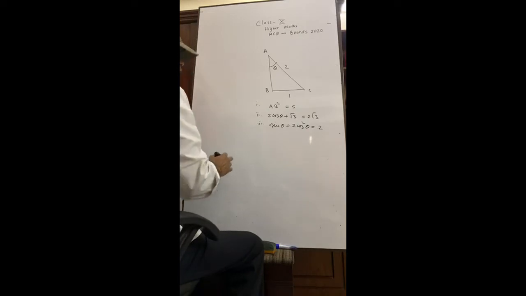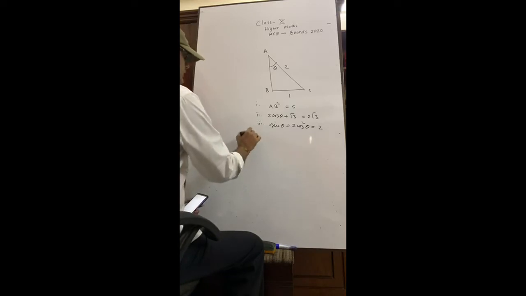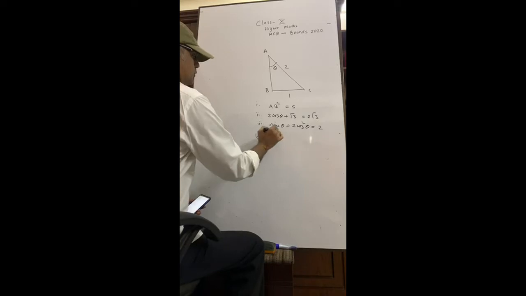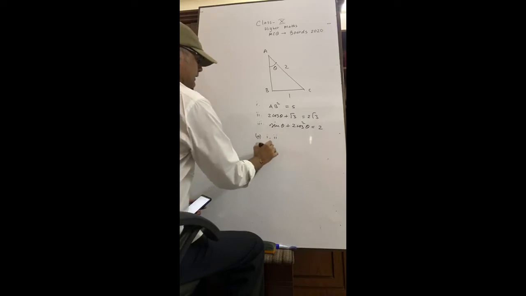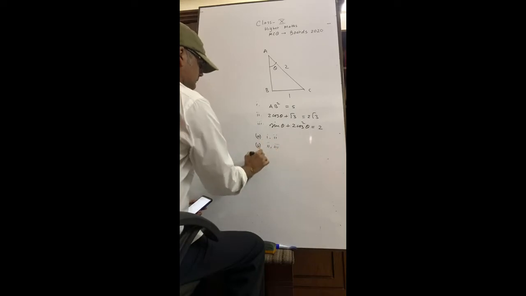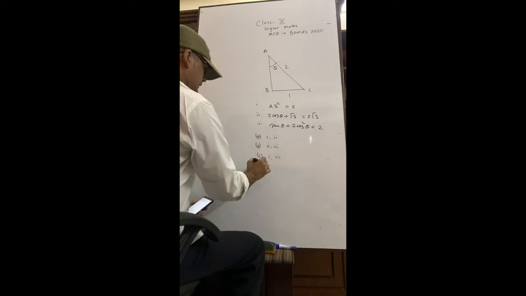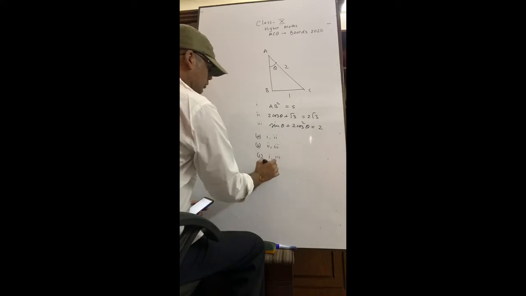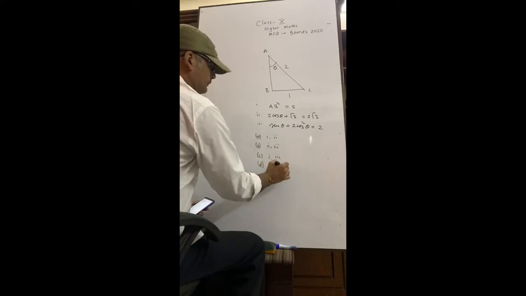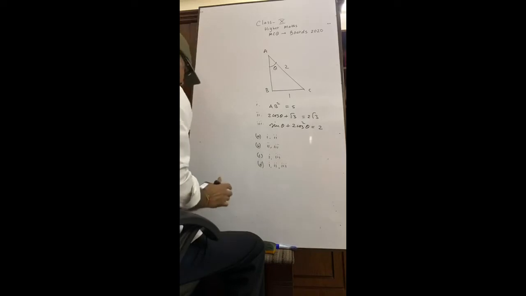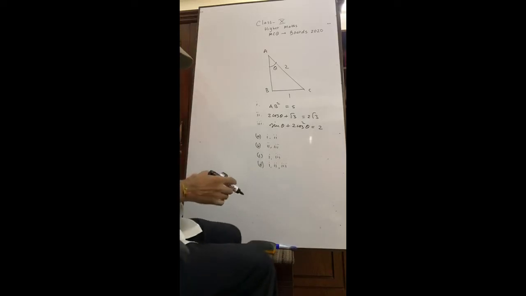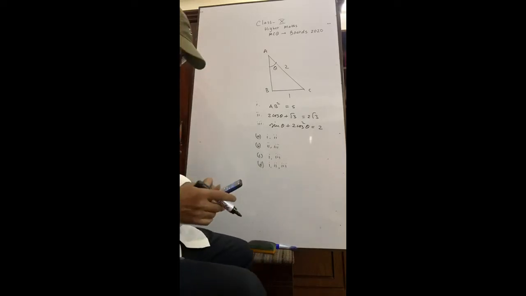Which one is correct? Option A: 1, 2. B: 2, 3. C: 1, 3. And D: 1, 2, 3. Write to me, which one is correct?